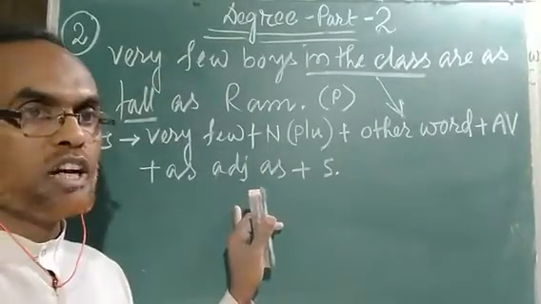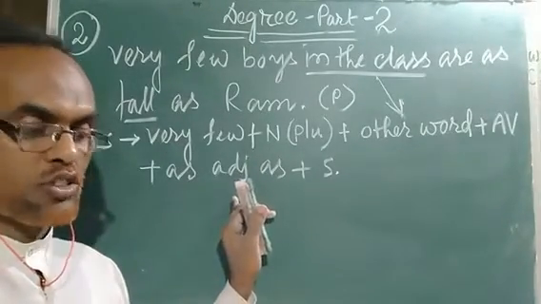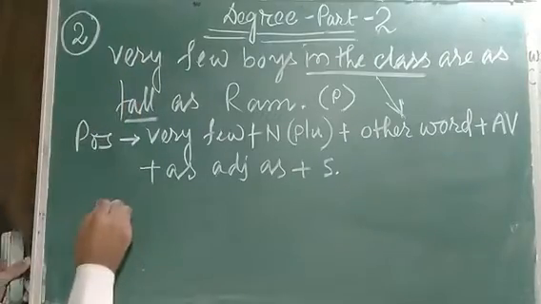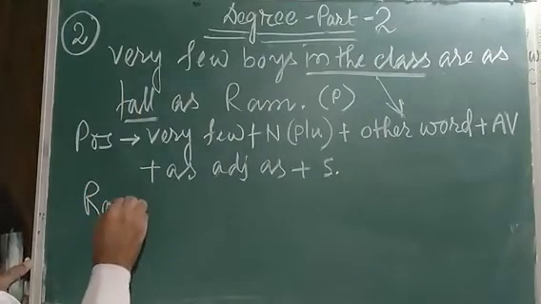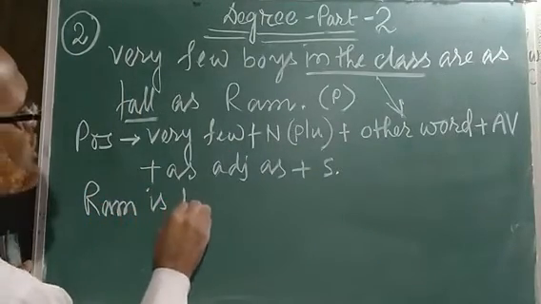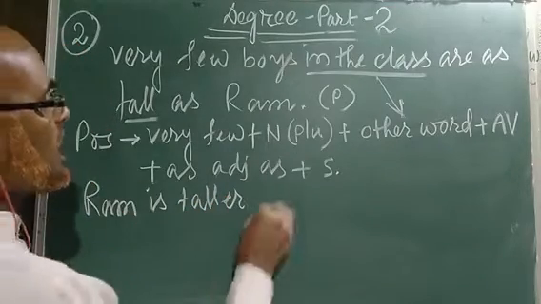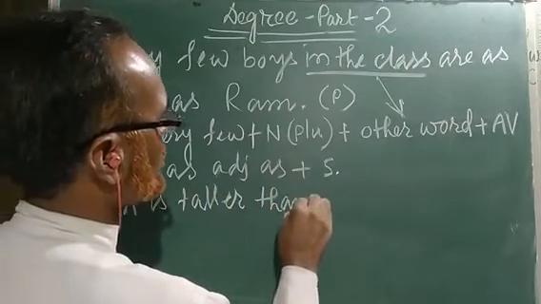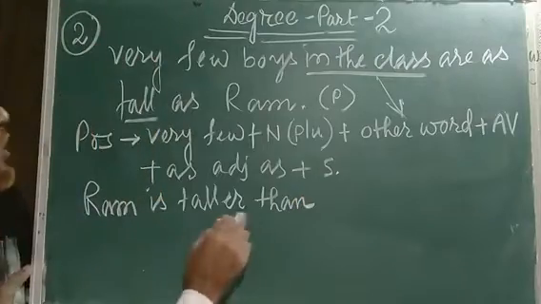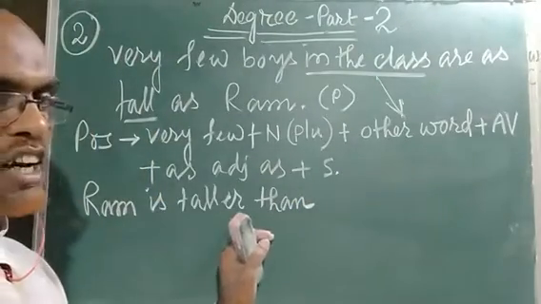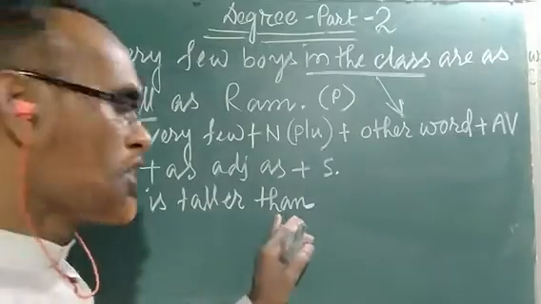Now, we will turn this sentence into comparative degree. Then, we will write Ram is taller. If we write taller, we must write than just after the comparative.